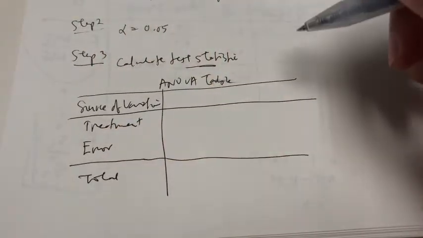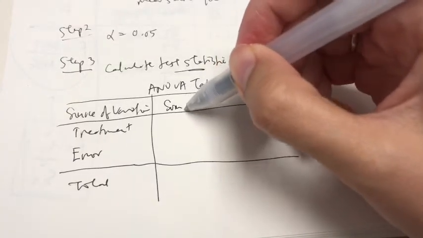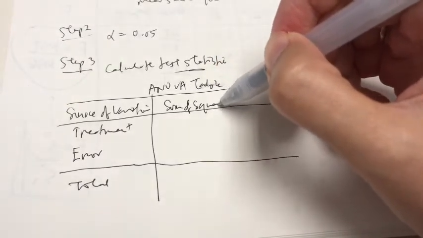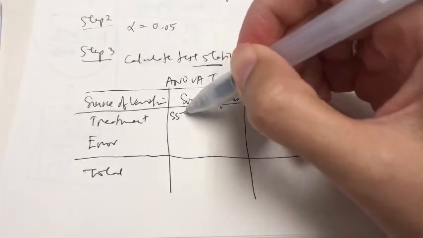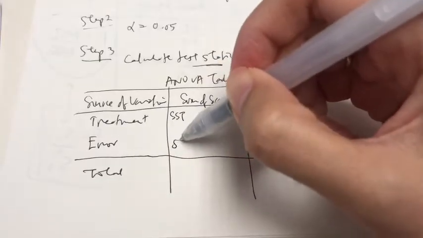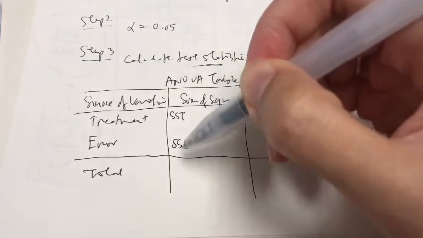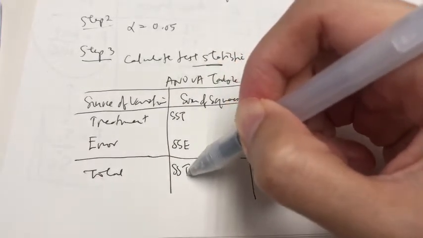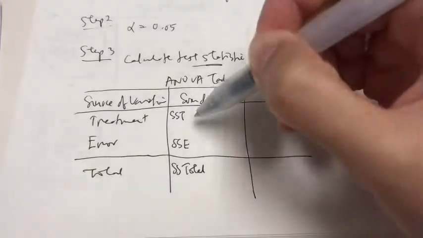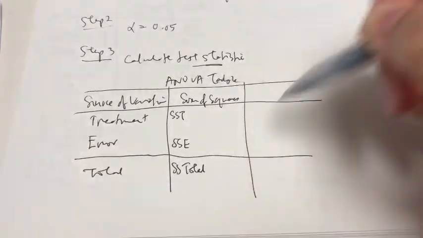Now, the next column is the sum of squares. The sum of squares for treatment is called the SST. The sum of squares for the error is known as SSE. If you add them together, you get SS total. I'm purposely giving a big space here so we can write down the figures later.